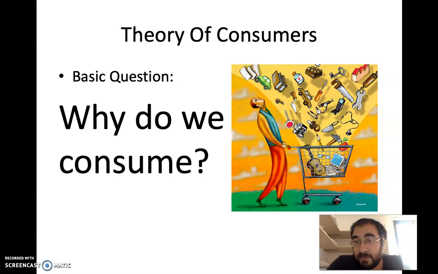There can be many different reasons. We might consume just as instinct even, because buying things itself might make people happy. Although that is a case which is not covered by the basic answer of economics. But the most basic answer this model gives doesn't cover the happiness that is taken just from the buying process.